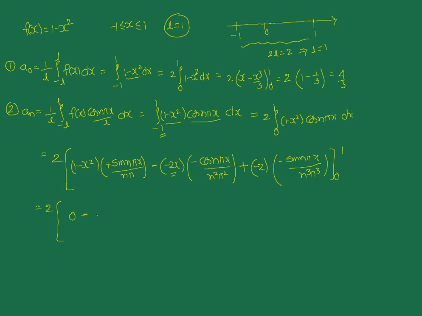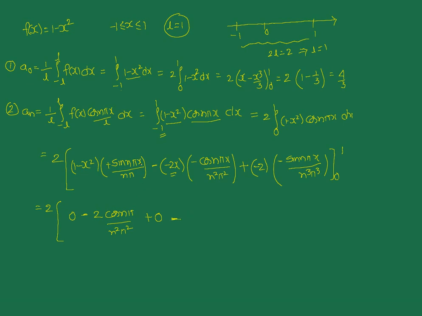So 2 into 1 means 2, cos n pi by n square pi square. Okay, minus into minus is plus, sin n pi. If you substitute 1 in place of x, you are left with sin n pi. Sin n pi is equal to 0, therefore minus. Now you substitute the lower limit.